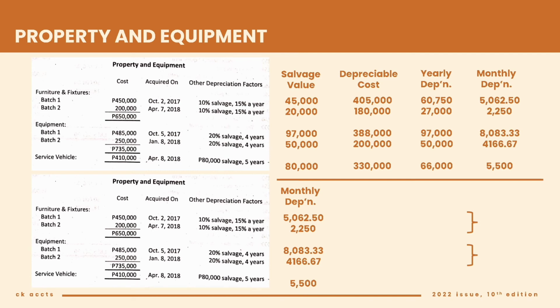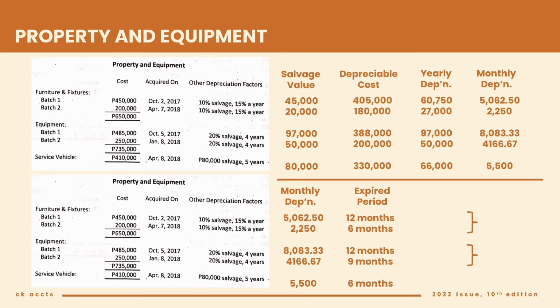Okay? So, yung dagdag natin na column ay yung expired period. So, para malaman natin yung expired period, of course, we have to focus on the acquired on na column dito sa ating property and equipment. So, ayan, yung acquired on. So, for the expired period, eto sila.